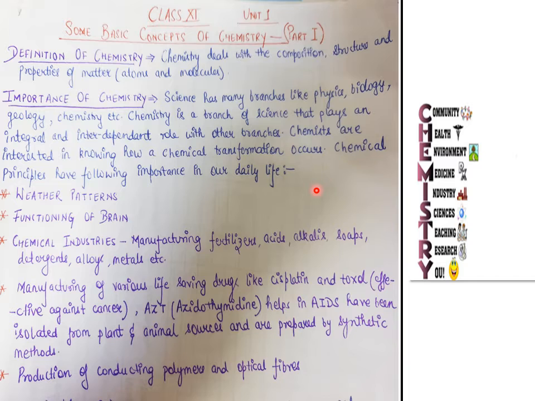In inorganic chemistry, what you study are all the elements of the periodic table, which are not nature made. So all the elements in the periodic table except carbon and hydrogen are studied in inorganic chemistry.